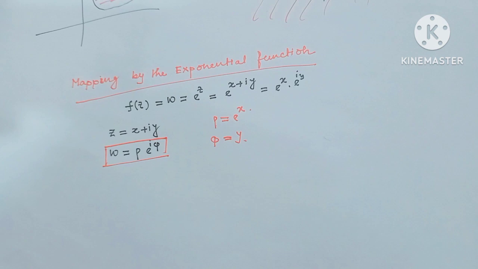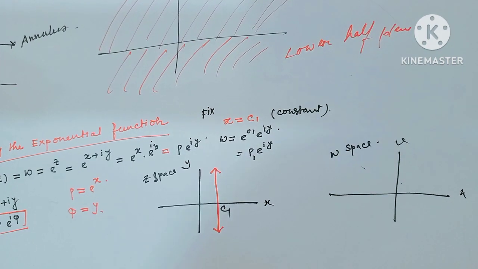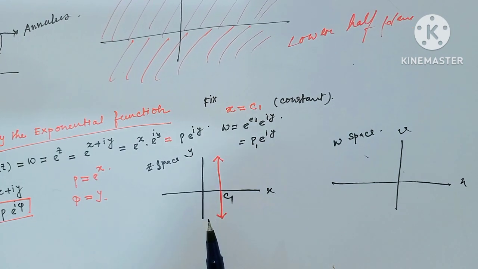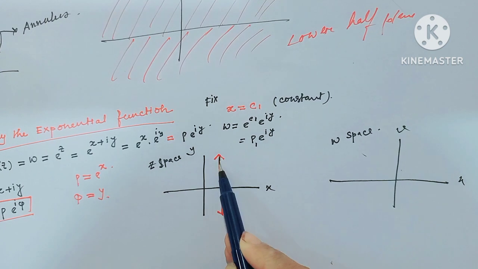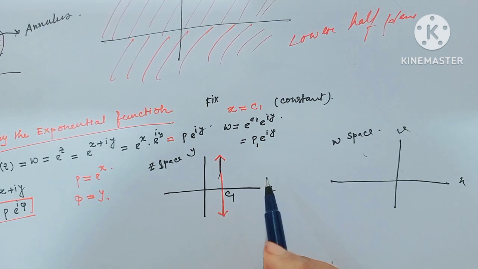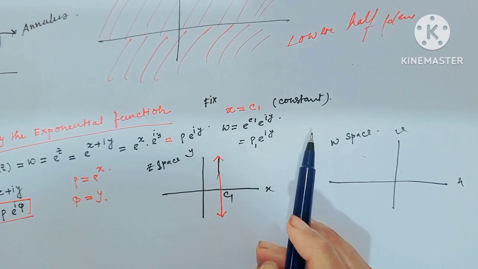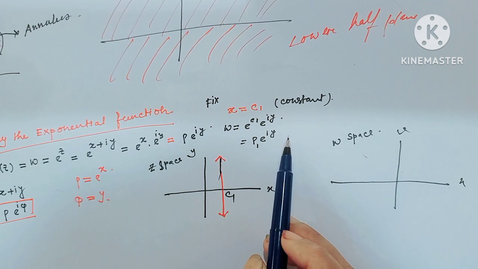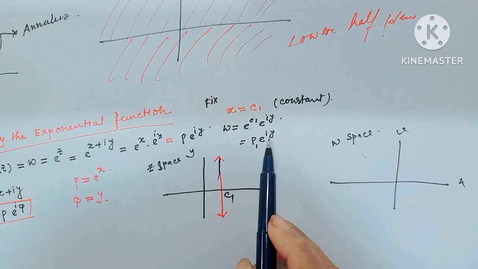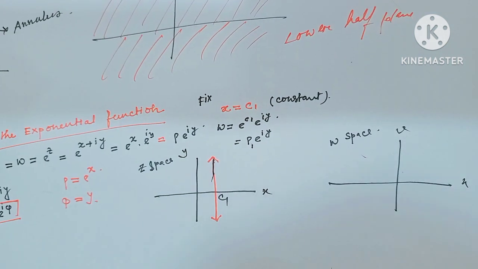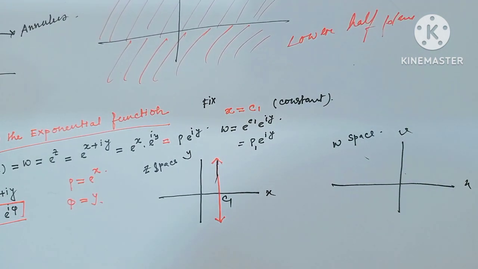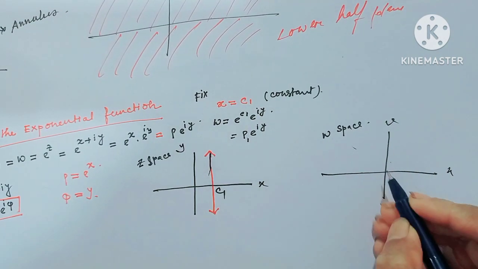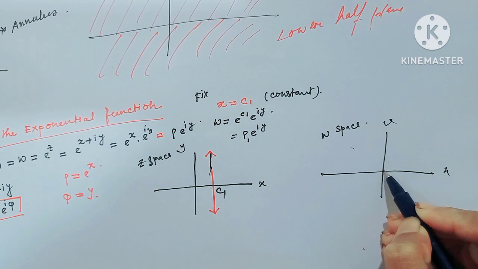Then how does the transformation look in the picture? First fix x equal to c1. x equal to c1 is a vertical line. Then w equal to e to the power c1 times e to the power iy. Consider e to the power c1 equal to rho 1. Then we have rho 1 e to the power iy.